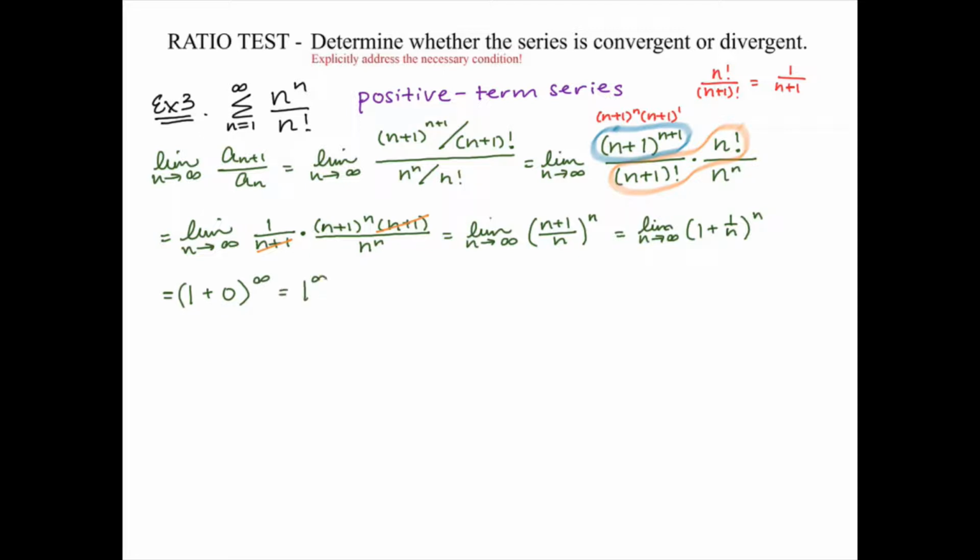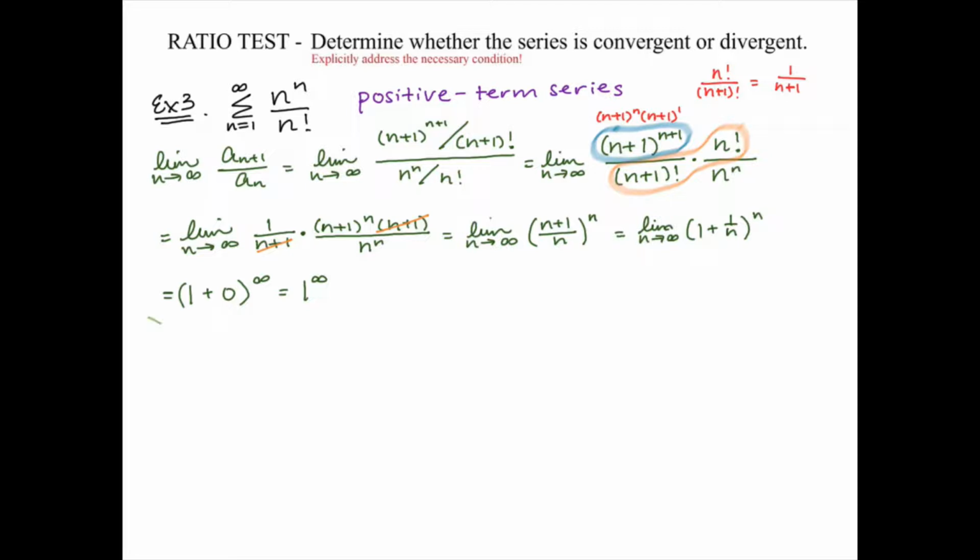And as we learned earlier in the year, 1 to the infinity is an indeterminate form. And I am going to use the method for indeterminate forms to solve that. So let's skip to that.